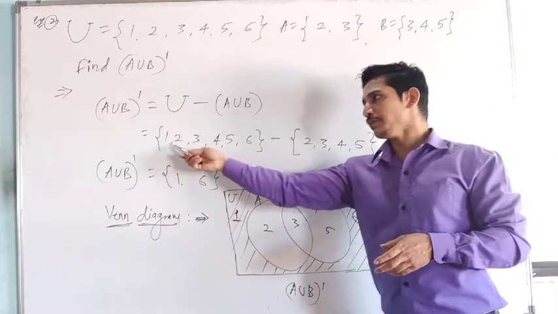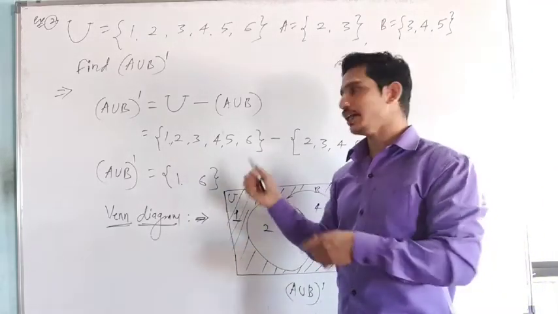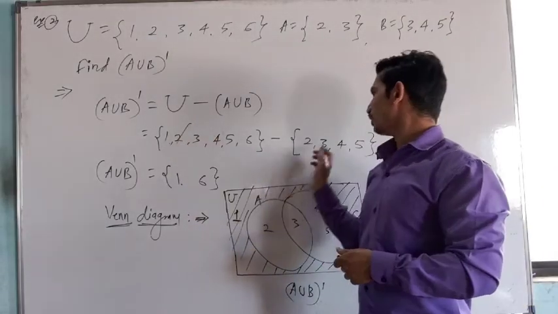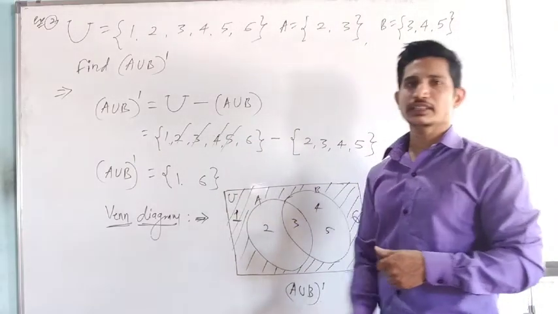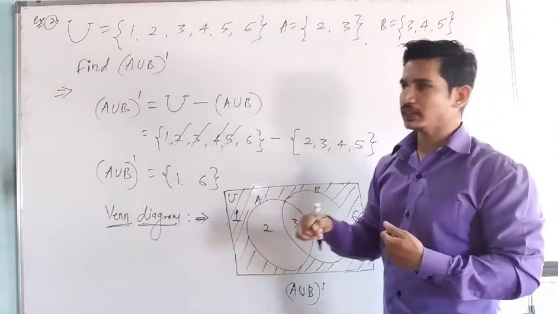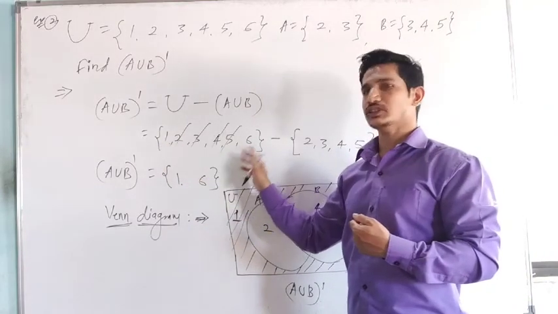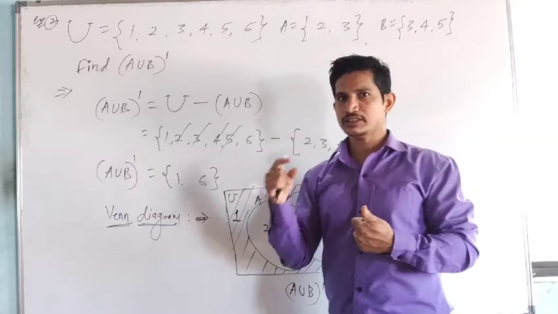Now see, from the universal set, these elements will be cancelled: 2 cancelled, 3 cancelled, 4 cancelled, and 5 cancelled. So all these elements are cancelled from this. What is left now? 1 and 6. So (A union B) dash is 1, 6.